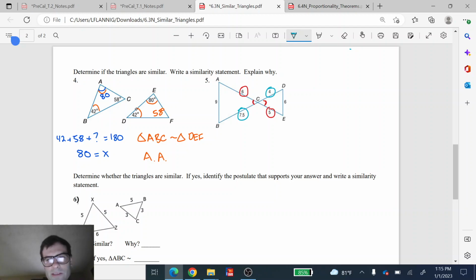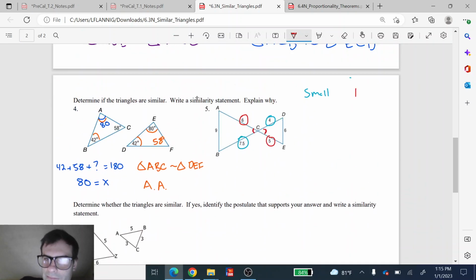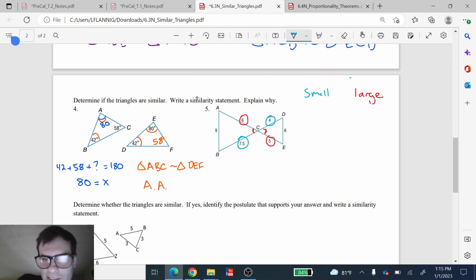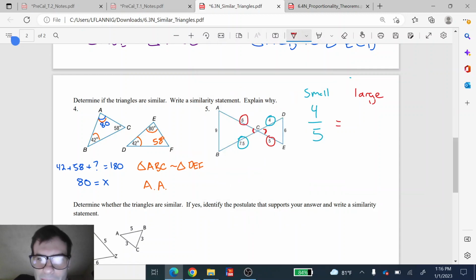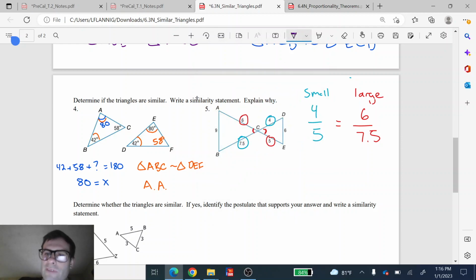So what I have to say is, okay, I know small and small versus big and big. So I know the small triangle versus the large triangle. So the small one, we have CDE. So 4 over 5 should be equal to 6 over 7.5. And the way you can do that is just you do some cross multiplication to see if it's true or not. 5 times 6 is 30.